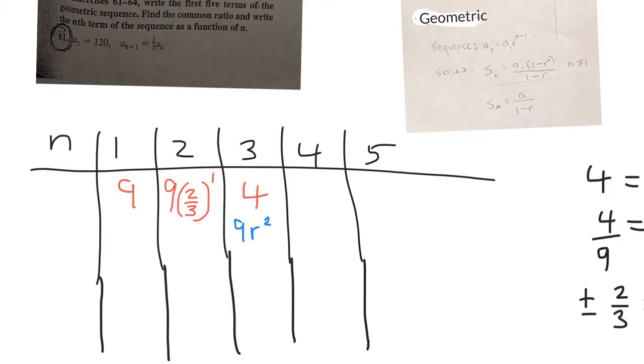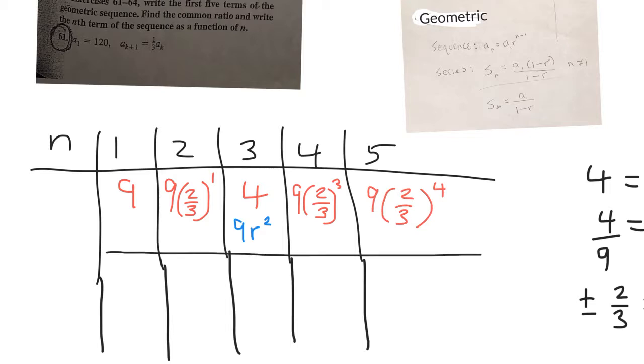So this one would be the first term times positive 2/3 raised to the n minus 1. That would be 3 because n is 4 right now. This one is going to be the first term times whatever R is raised to n minus 1, which is 4. And let's draw a nice divider and do calculations down here.